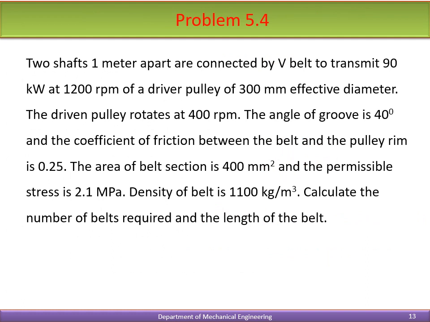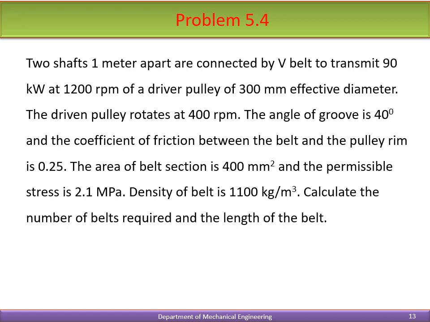Next problem, problem 5.4. This problem deals with design of V belt. Two shafts 1 meter apart are connected by V belt to transmit 90 kilowatt at 1200 rpm of a driver pulley of 300 mm effective diameter. The driven pulley rotates at 400 rpm.